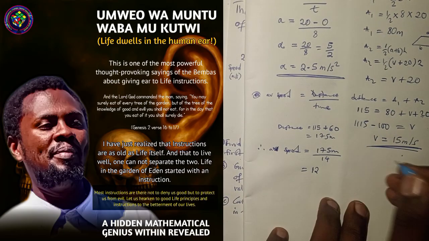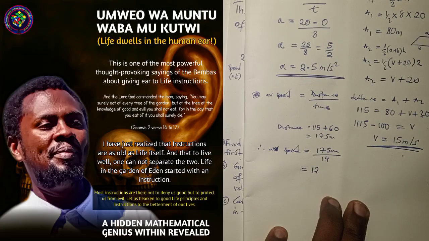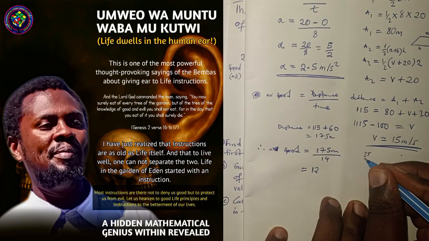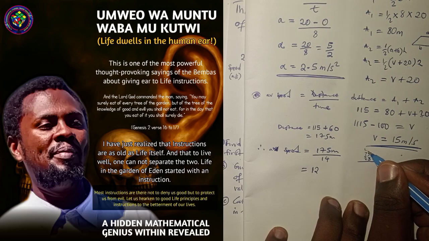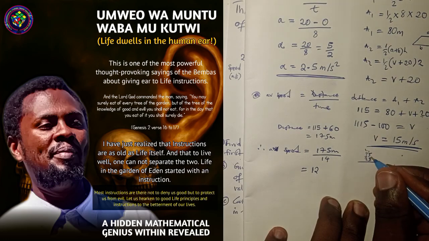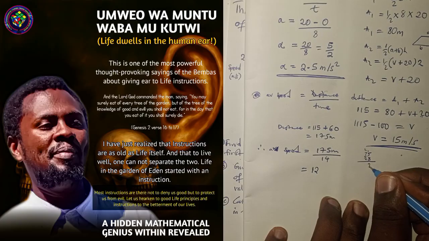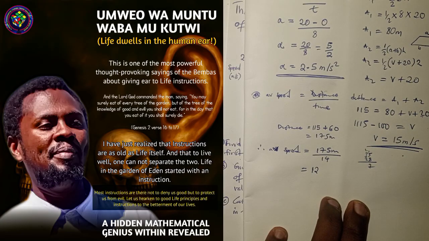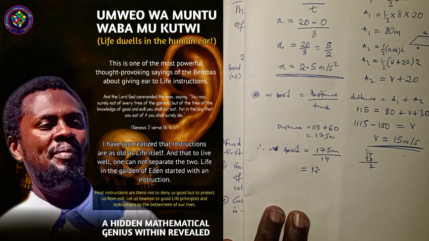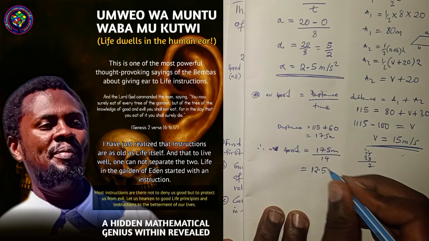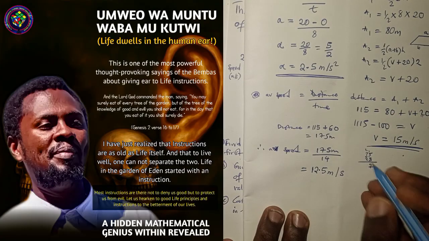Then 14 times 2 is 28, so 35 minus 28 is 7. So we have 7. Here we say point, then you add the 0 to 7. And what is 14 in 70? That should be 5. So we have 12.5 meters per second.